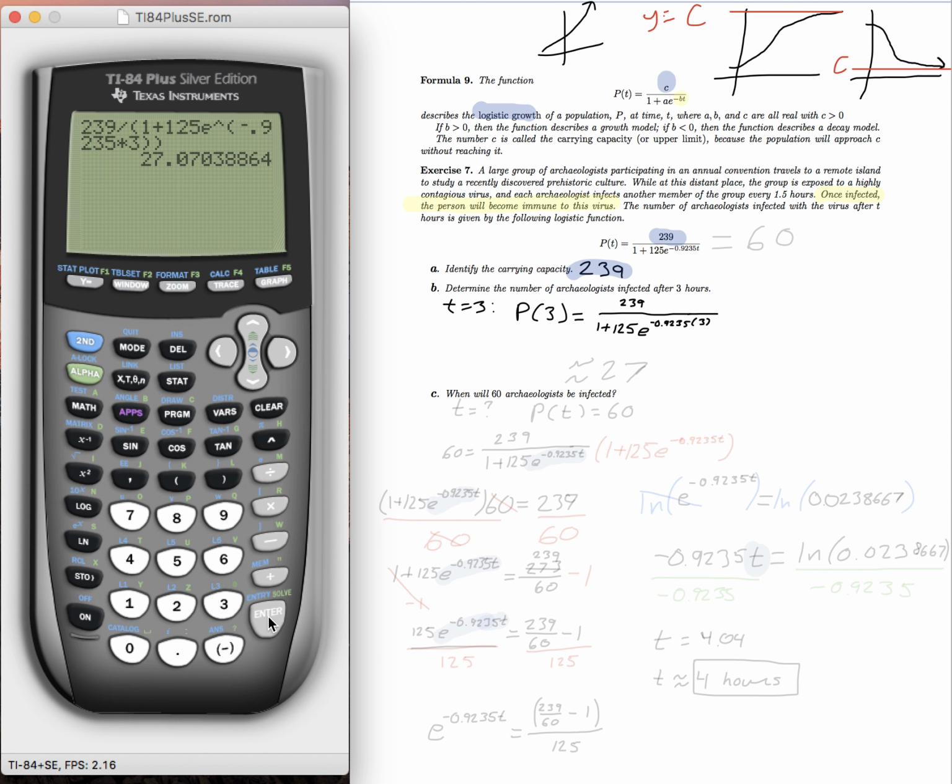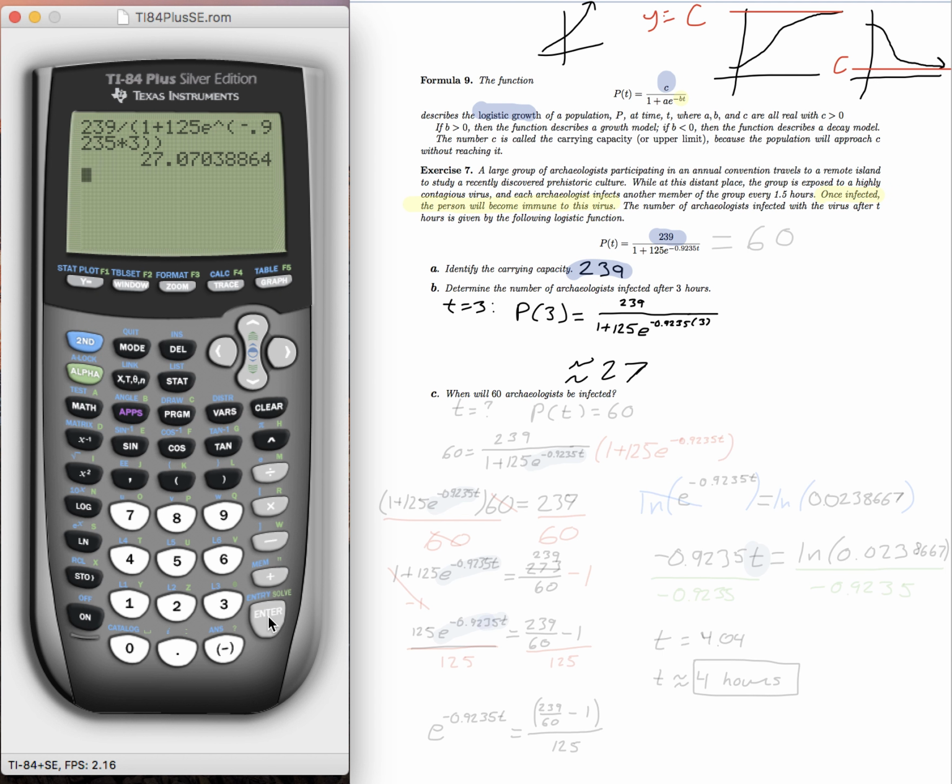And if we hit enter, we come up with approximately 27 people infected at this time. And that kind of makes sense. After an hour and a half, the first person who is infected infects another member of the group.